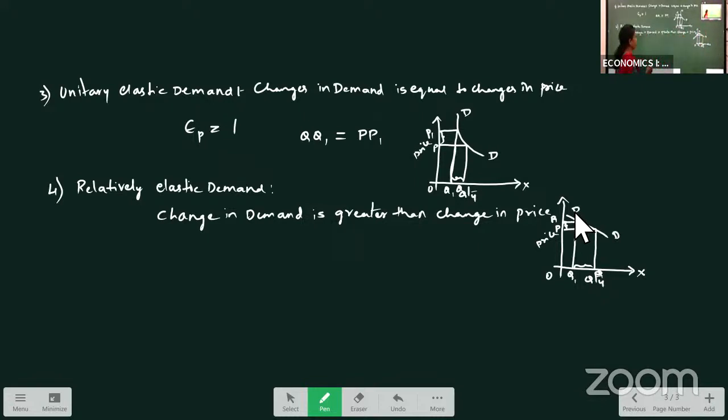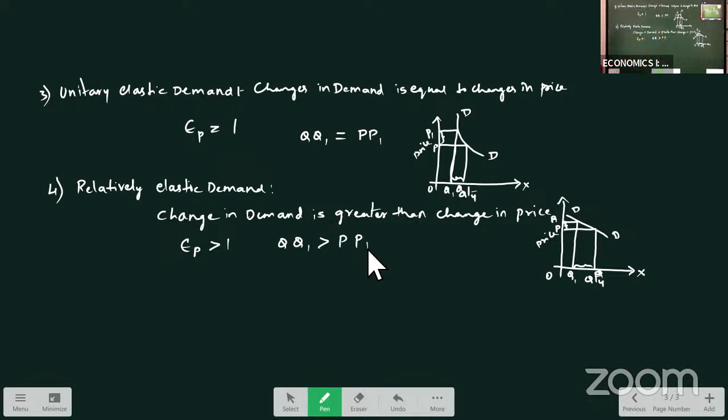Like this, it will be our demand curve. In this case, elasticity is greater than 1. The value we are getting for elasticity will be greater than 1. So, QQ1 is greater than PP1.